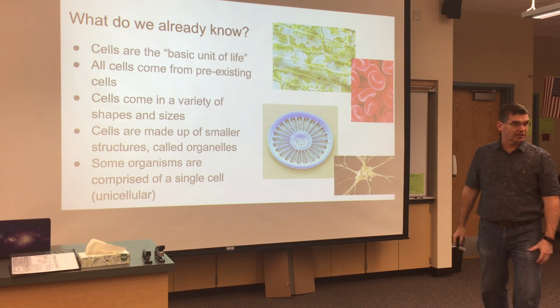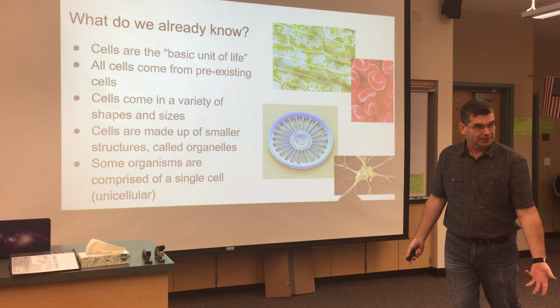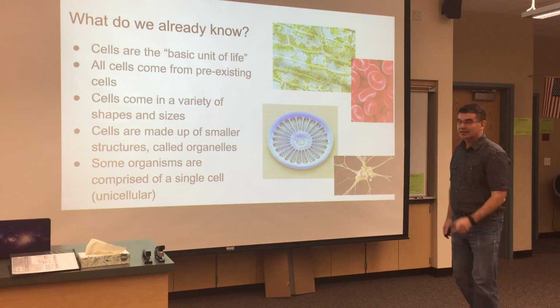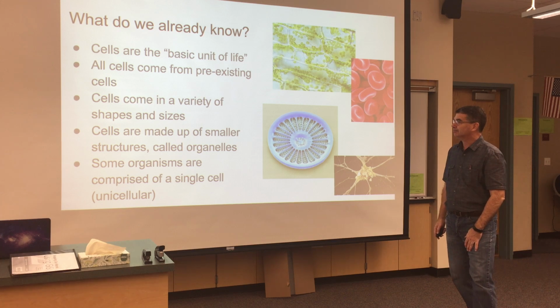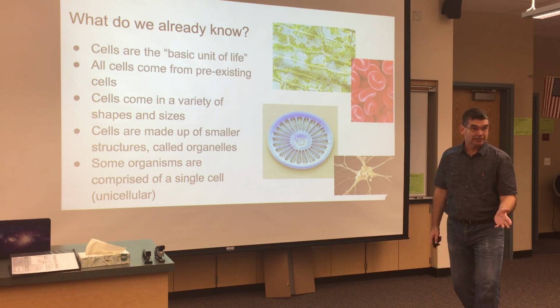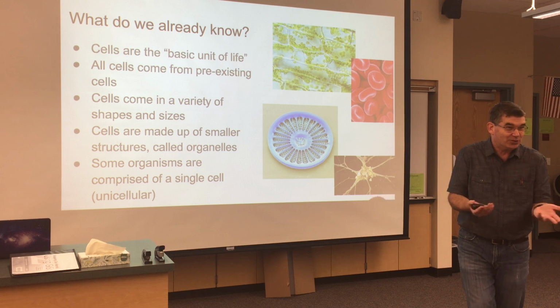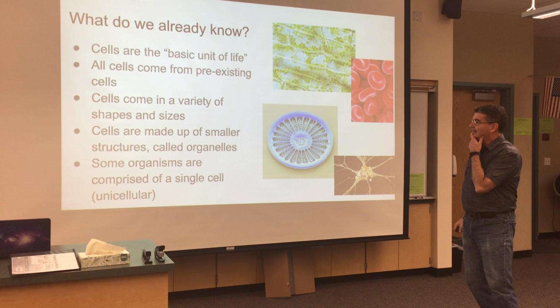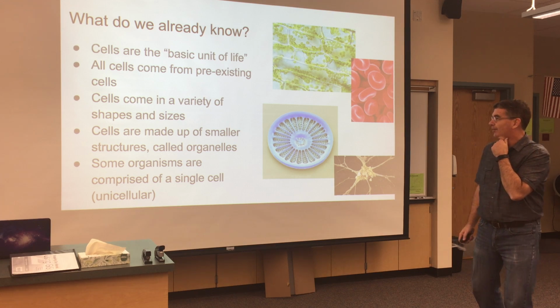All cells come from cells that are already here. Maybe there's one really key question that comes to mind when you hear that, and we will discuss that some. Of course, that question is, where did the first cell come from if all cells come from other cells? Exactly. Yeah, and there is a great deal of research being done in that area.